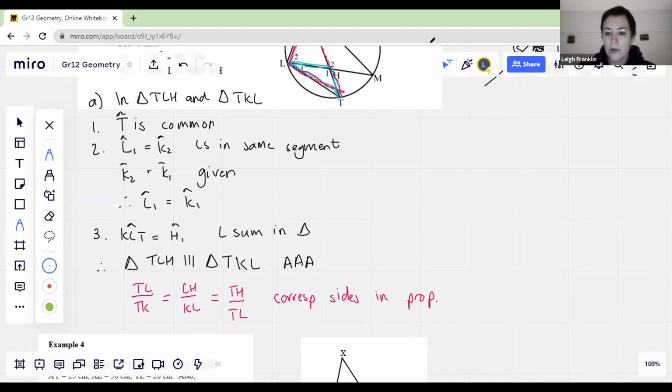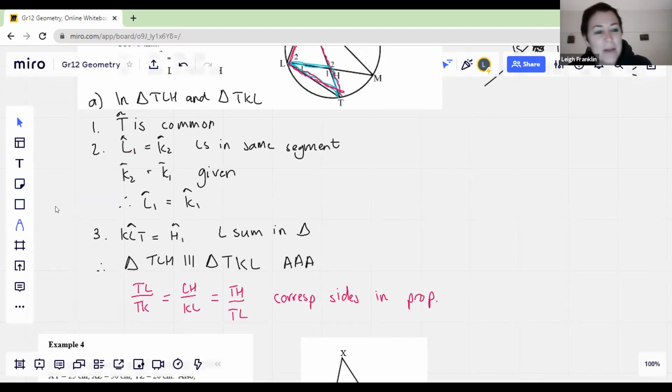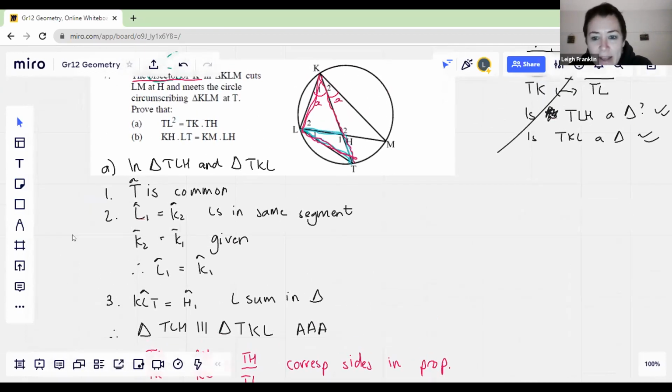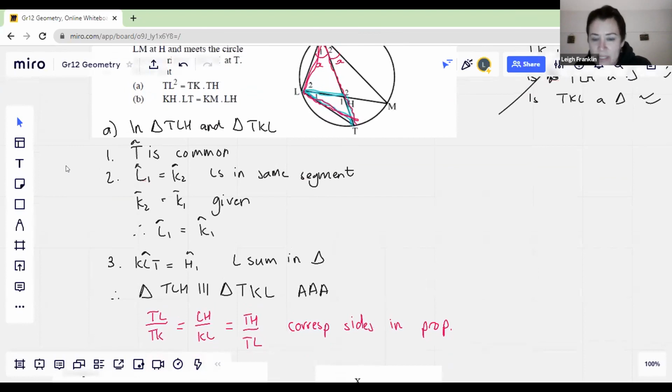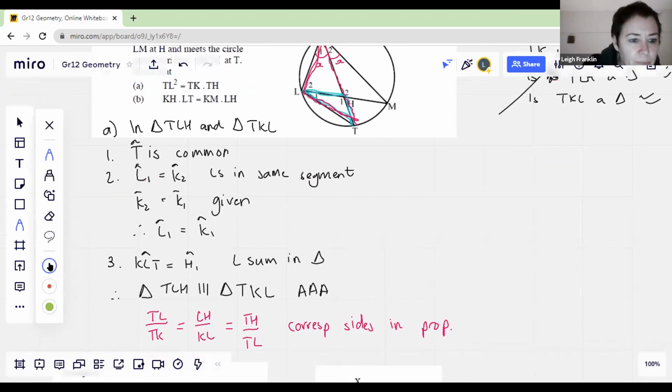Now, do you remember how last time we worked with colors? So we need TL and TL and we need TH, and TK. I'm just going to move that down like that. All right, so now let's go and get some colors.